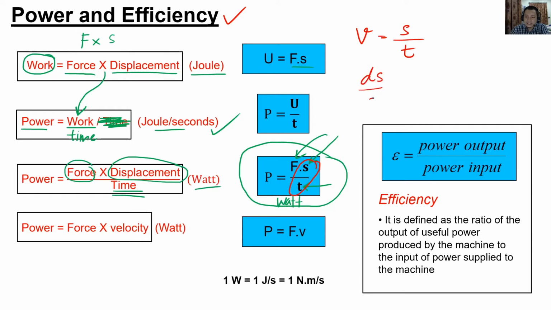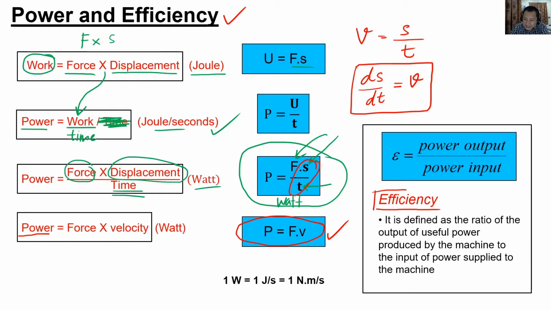Or ds over dt is equal to V. So S over T is basically velocity. So power of a system can also be represented as force times velocity. So this is power.